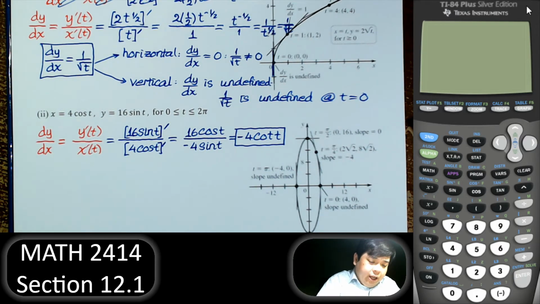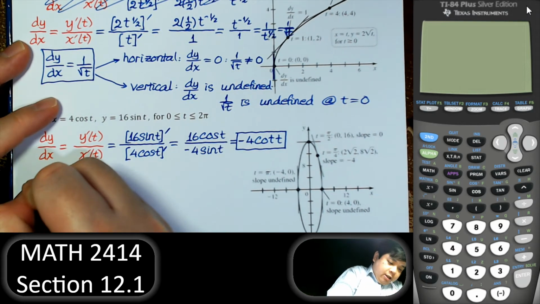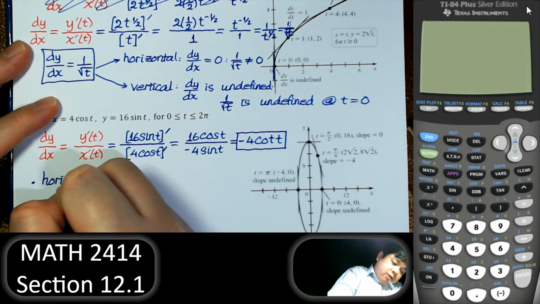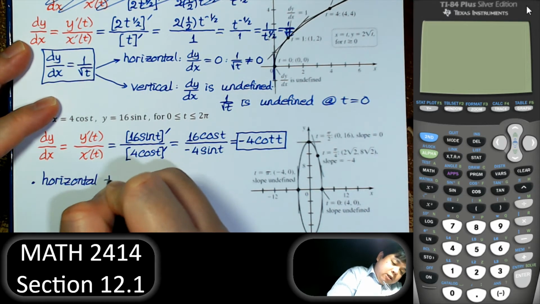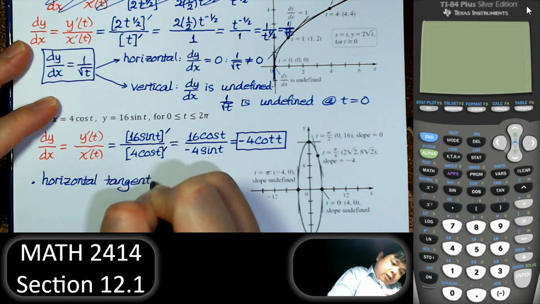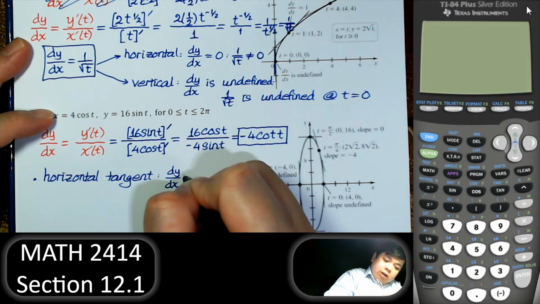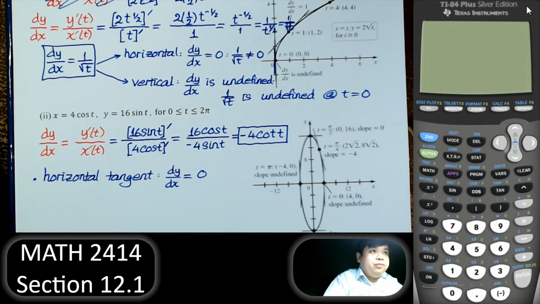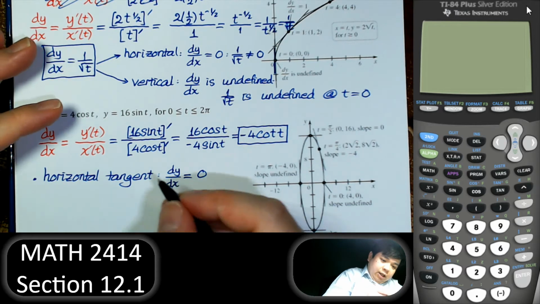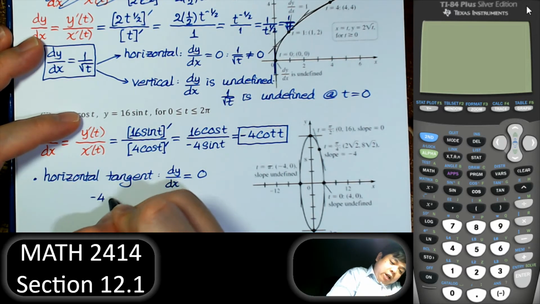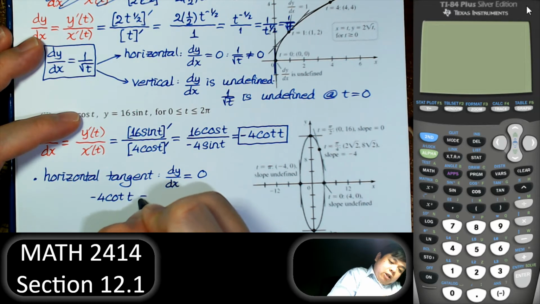Right. And then it's easy to see where cotangent equals 0, we have the horizontal tangent line, and when cotangent is undefined, we have the vertical tangent line. So horizontal tangent where the derivative equals 0. And we have negative 4 cotangent t equal to 0.